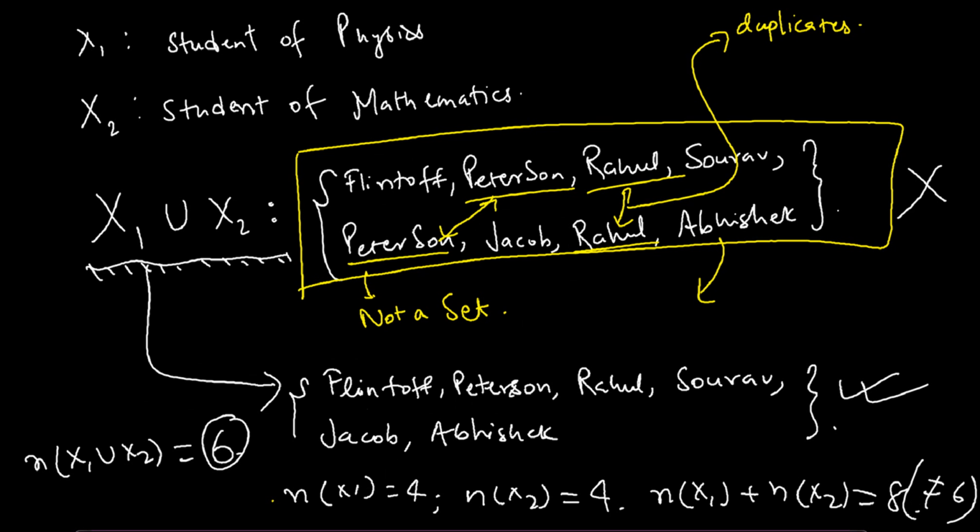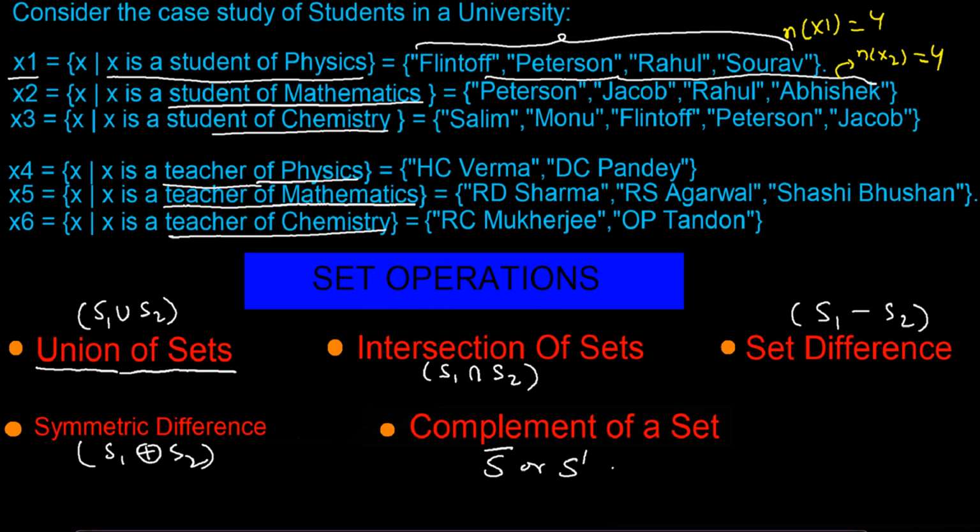The difference between that example and this example is, in that example, there were no common elements. In this example, you have Peterson, who is a physics student also and mathematics student also. Rahul, physics student also, mathematics student also. So you have some common elements between both sets. In the earlier example, in the set of testers and set of developers, there were no common elements.